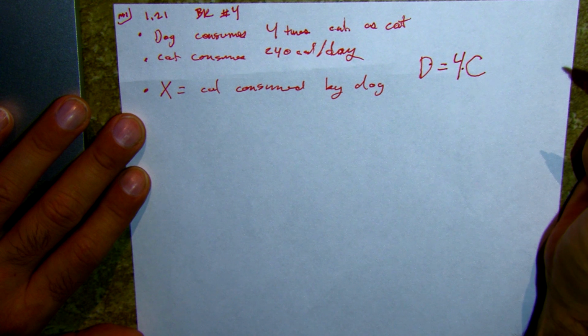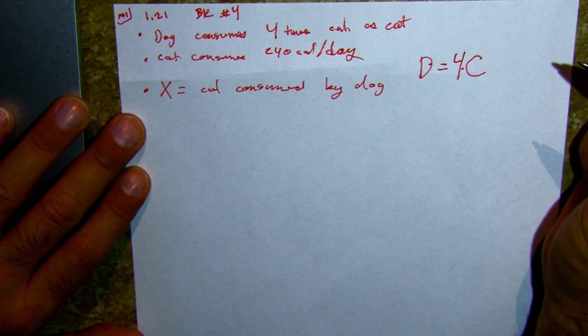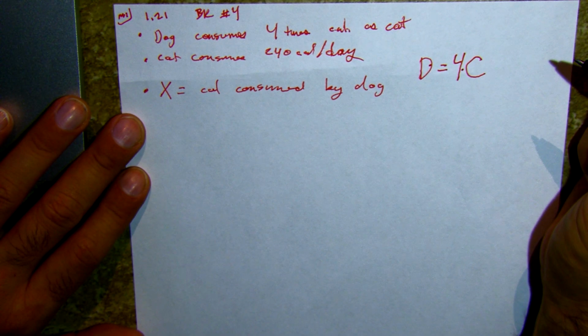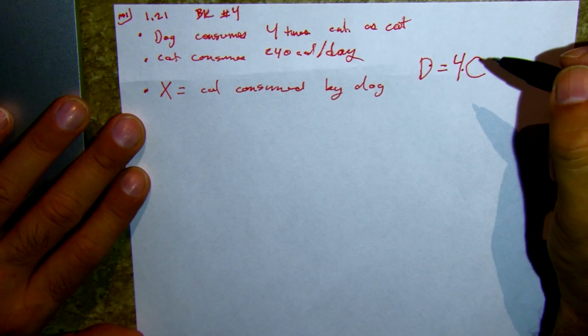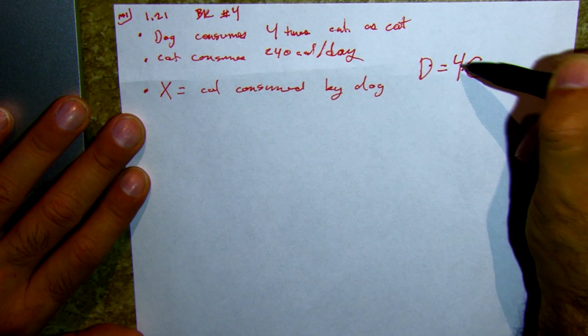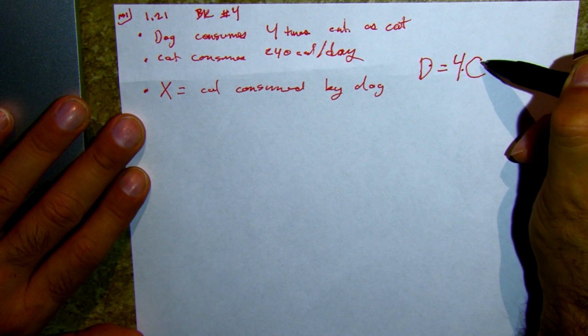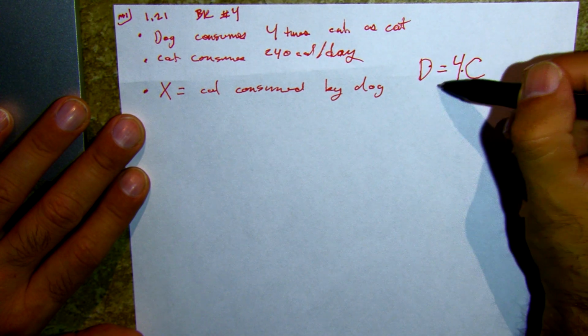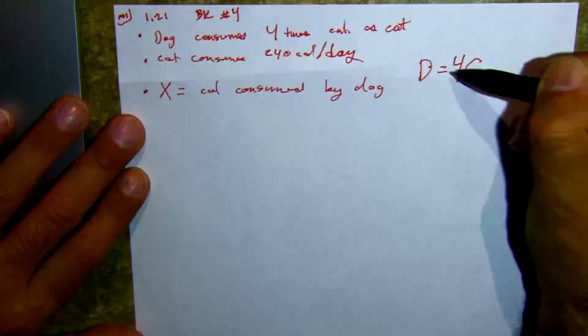So I write that as the dog equals 4C. Because for instance, think about this. If the cat consumed 10 calories, 4 times whatever the cat consumes, 4 times 10 is 40 calories. So the dog consumed 40, the cat consumed 10. That's how these two would be equal.